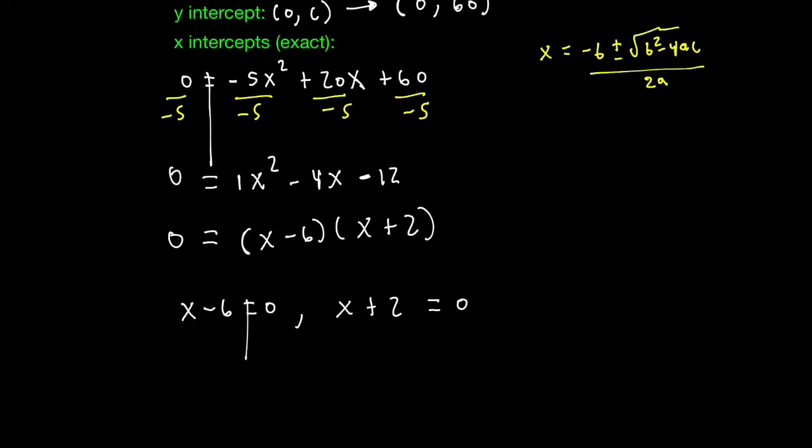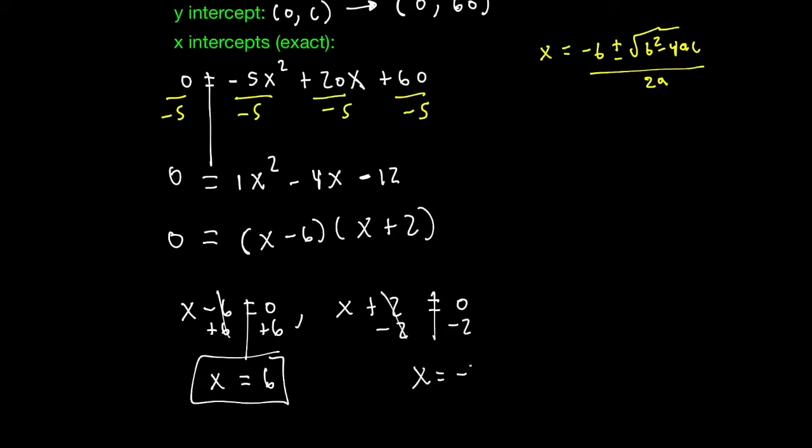Solving these two equations, the first one, I'm going to get that x is equal to positive 6. And then the second one, I'm going to get that x is equal to negative 2. So these are my two x-intercepts. If you would have used the quadratic formula, you would have gotten the same two results.